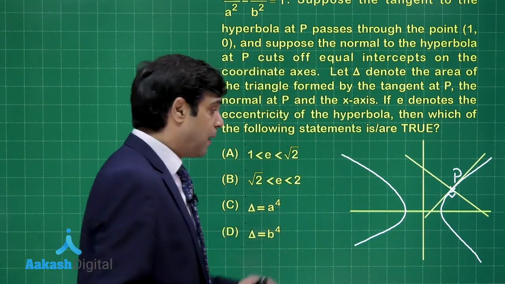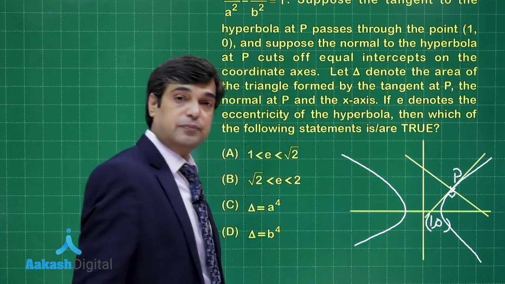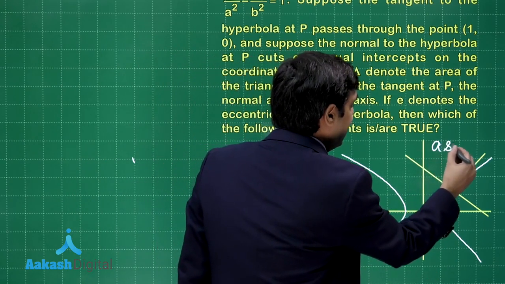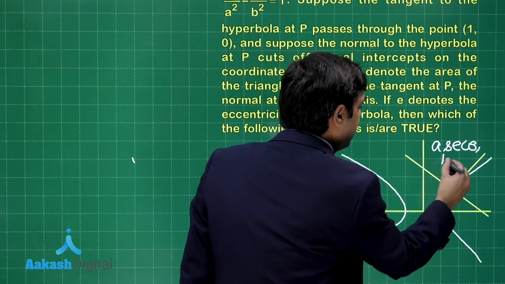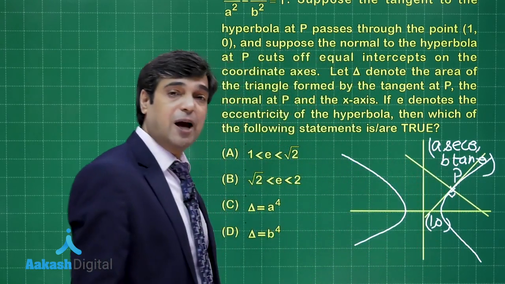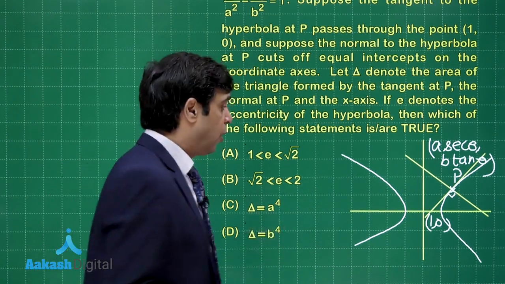Now this tangent is passing through the point 1, 0, so this point is 1, 0. We can take this point P on the hyperbola as a sec theta, comma b tan theta. A point can be taken on the hyperbola a sec theta, b tan theta. This is clear? All right.